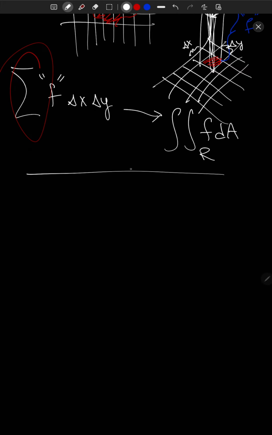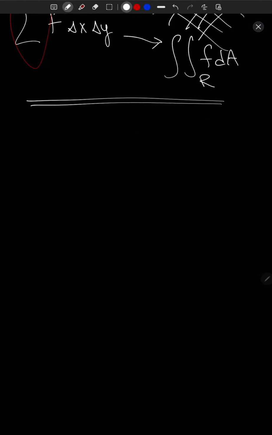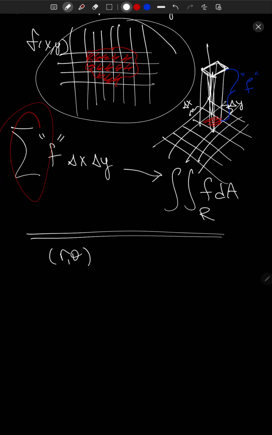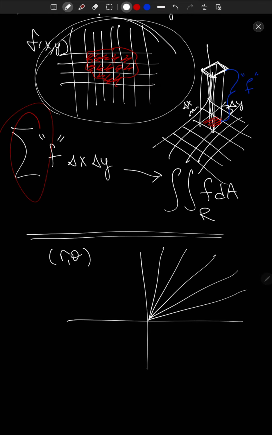But now what we're going to do is work with polar coordinates, r and theta, and instead of breaking up our plane into rectangles, we're going to break up our plane using polar coordinates. In the rectangular case, each of these lines represents either constant x, the vertical lines, or constant y, the horizontal lines.